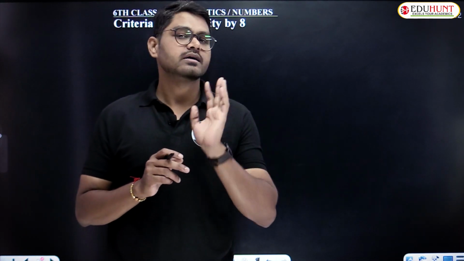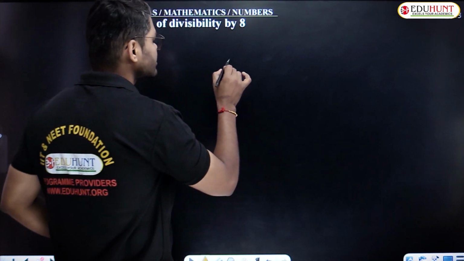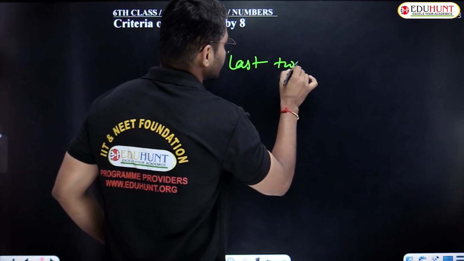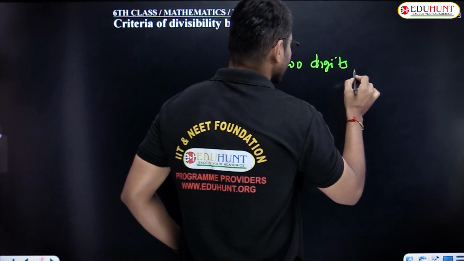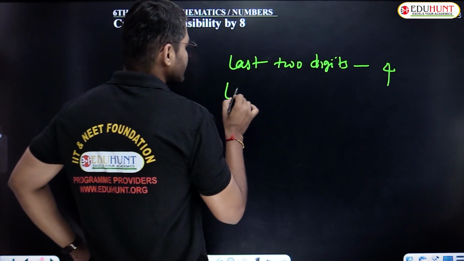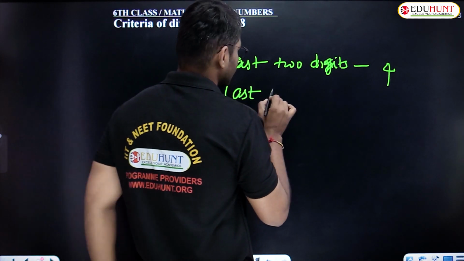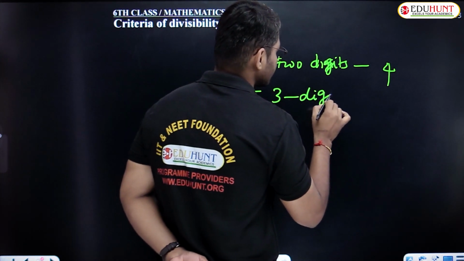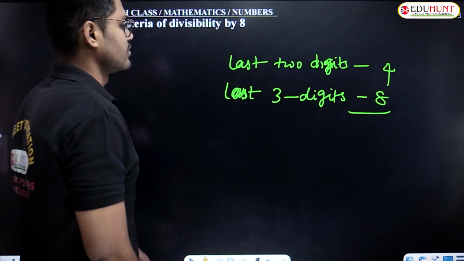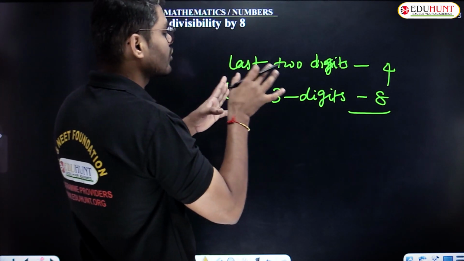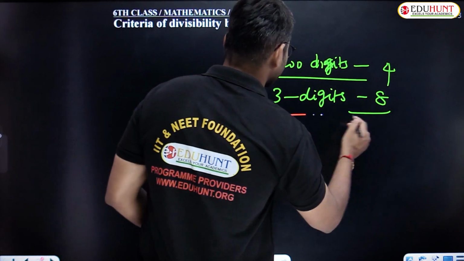In the divisibility rule of 8, we have to consider the last 3 digits.